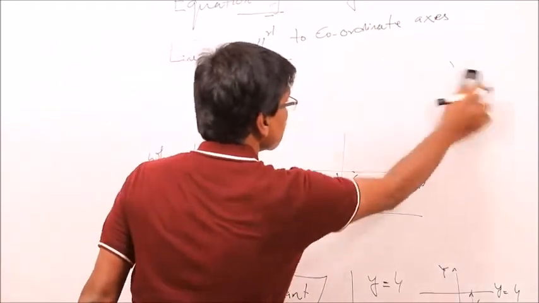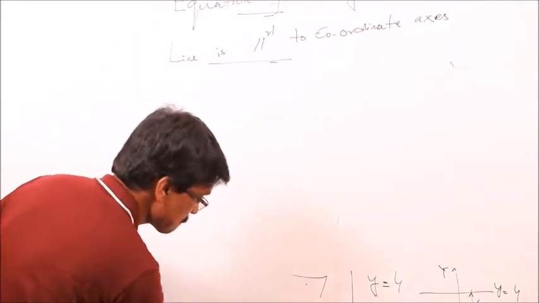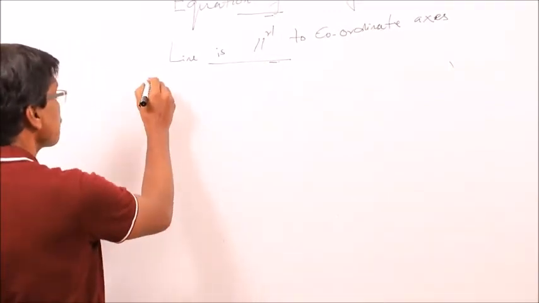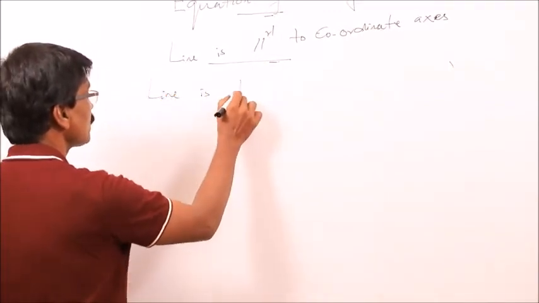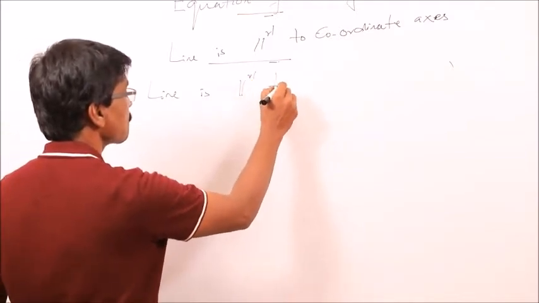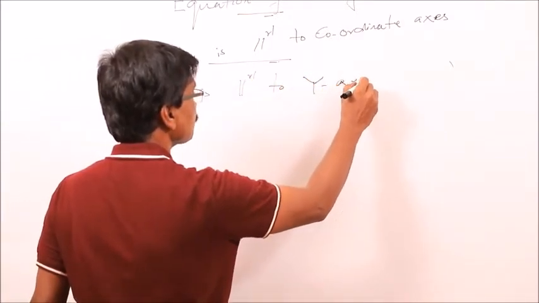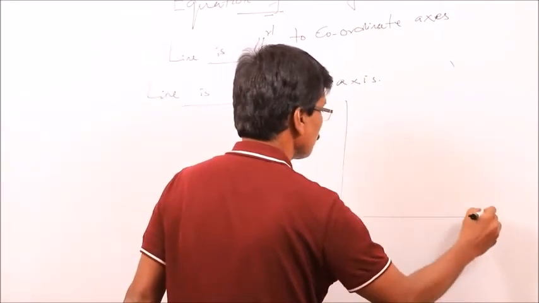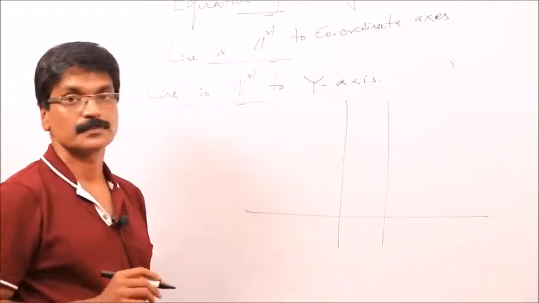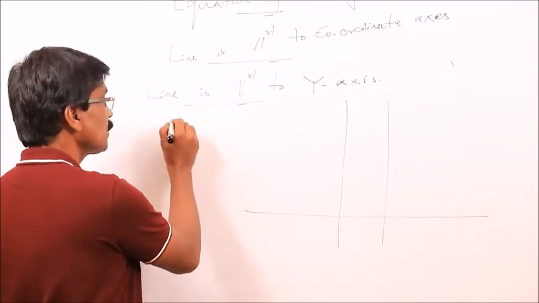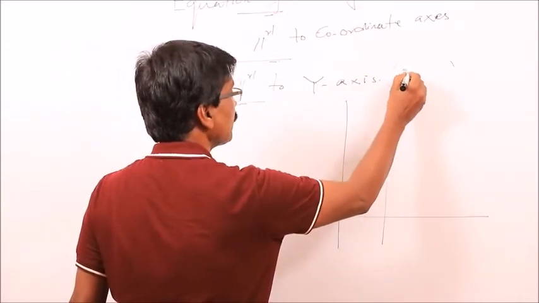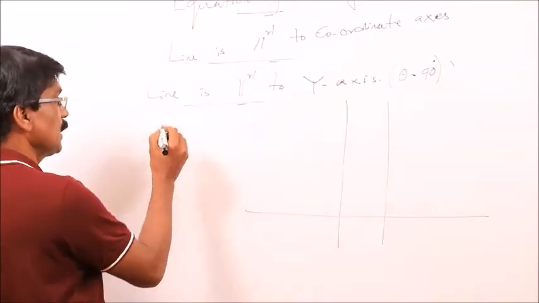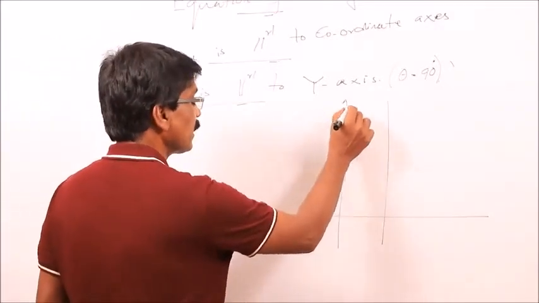Similarly, if a line is parallel to the y axis, here theta is equal to 90 degrees, where theta is the angle of inclination.